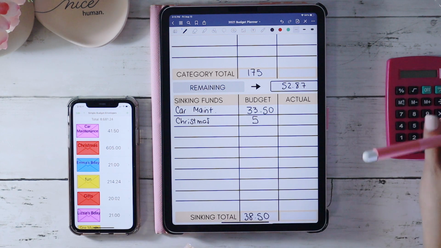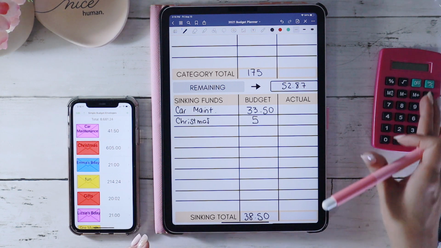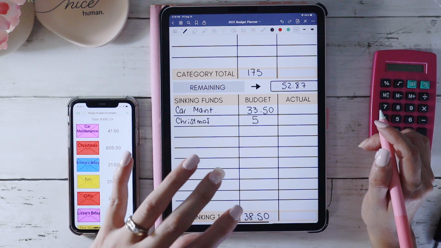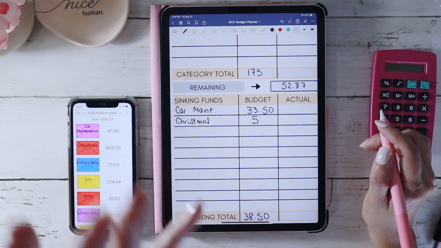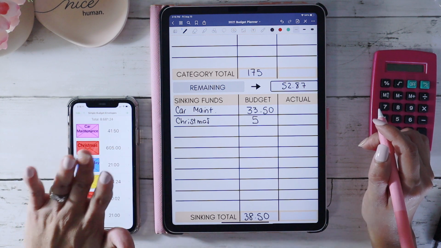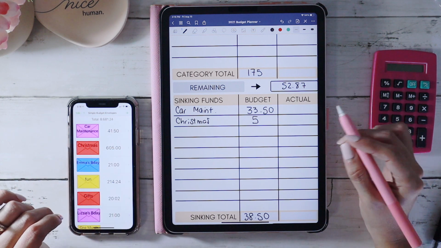So that's how we do it. And in our bank account, it allows us to break it into buckets, so that way we're able to actually see it on the bank, how it's supposed to be broken down. But this is just for tracking purposes only.